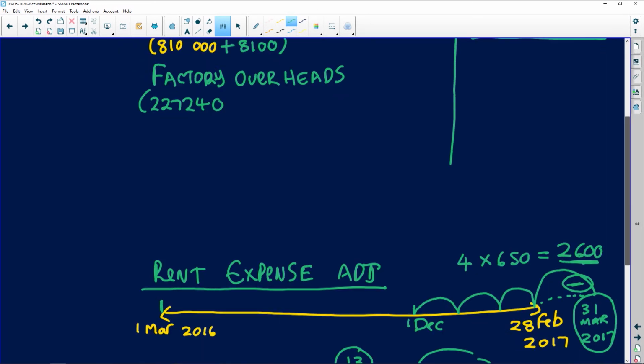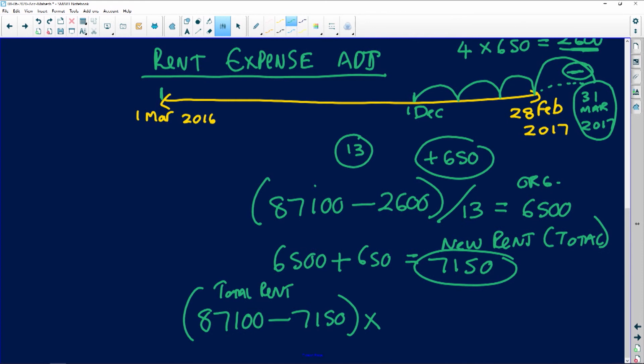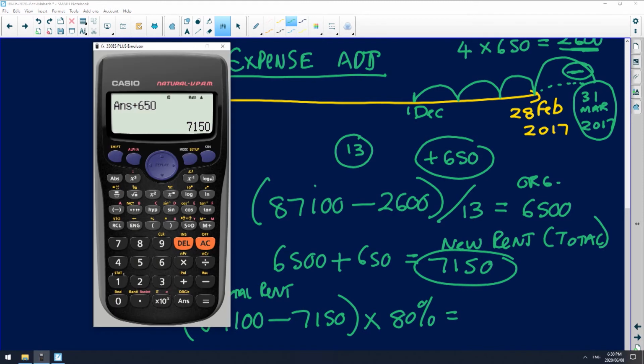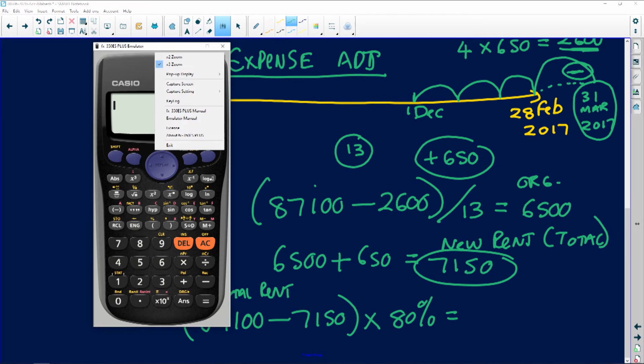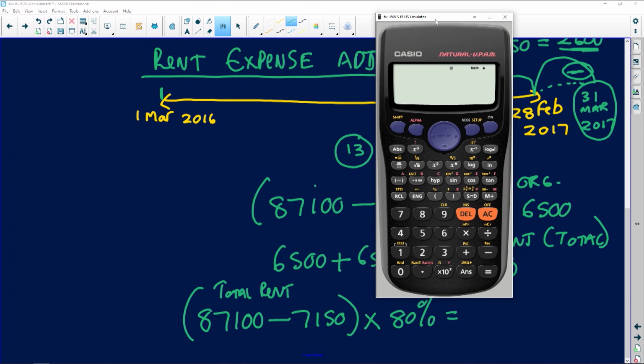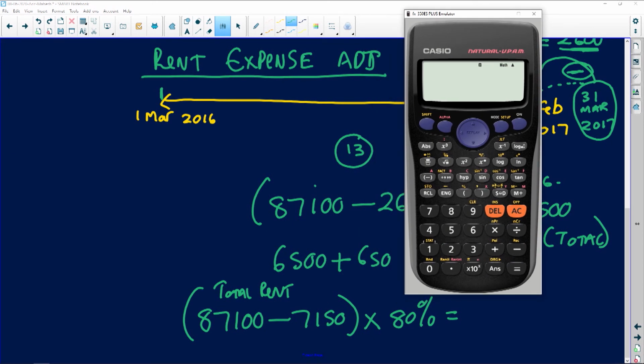Right, so back to my calculation, times 80%, and the rent for the factory, an amount of, let's just clear that. Okay, I just want to move that, guys, so you can see. So 87,100 minus 7,150. And remember, only 80% belongs to the factory.